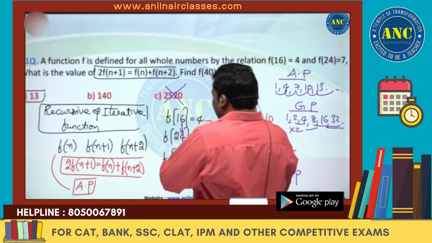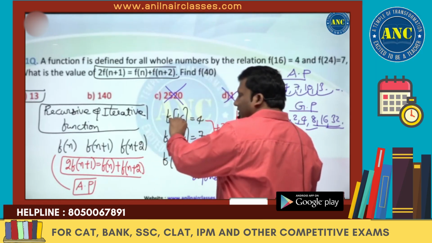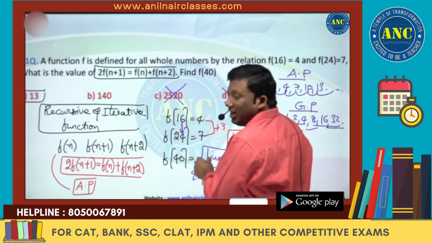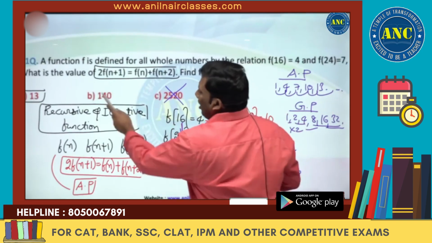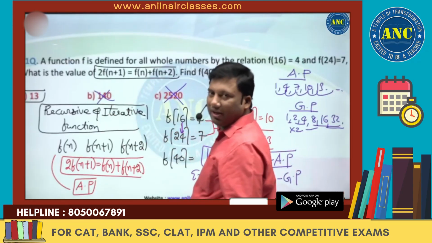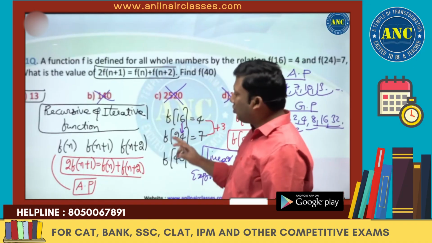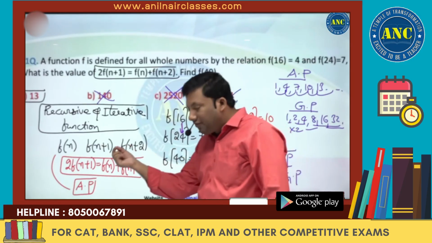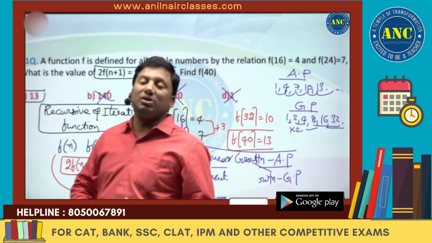140 is also not possible, since the function increases by plus 7 when the input increases by 8. So this is a marginal increase of plus 3. It cannot take 140. Just by looking at the question, you can say that 2520 is incorrect. Why? Because the function is behaving like an arithmetic progression.